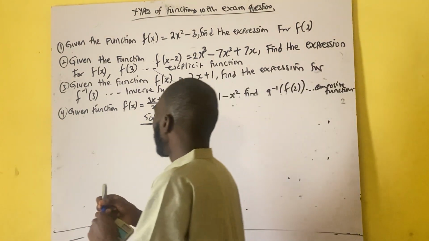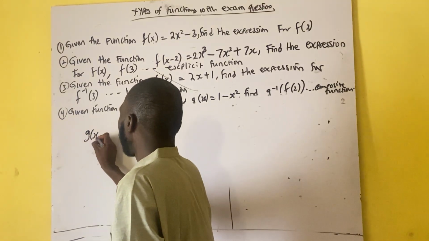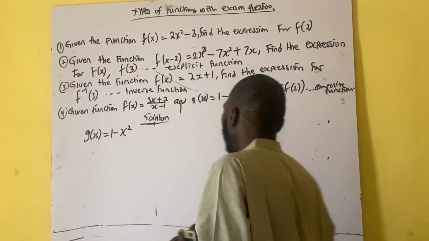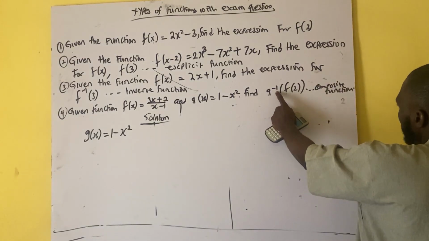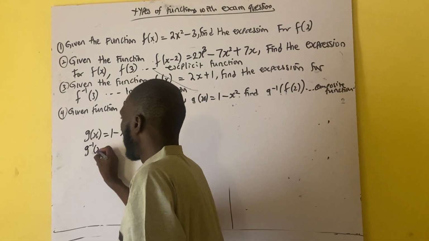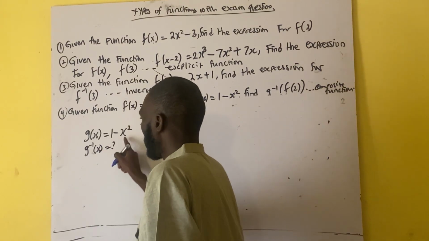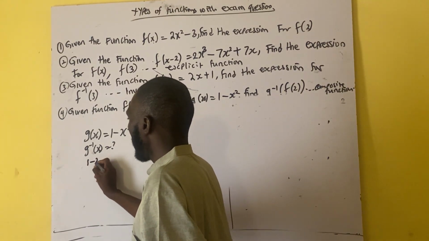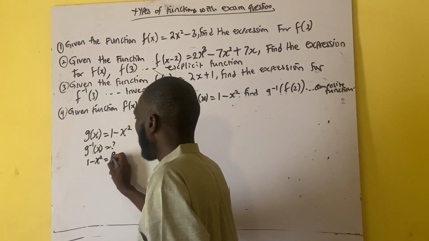We have g of x equal to 1 minus x squared, right? Now, the inverse of this one, we'll be having 1 minus x squared equal to p.